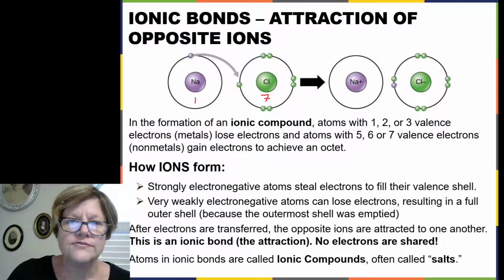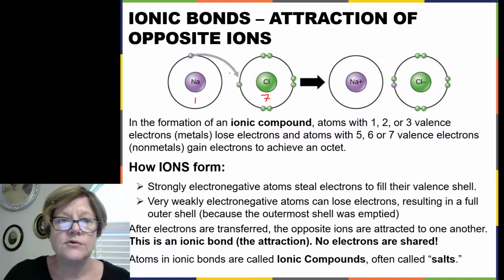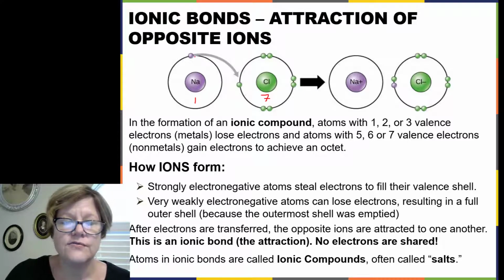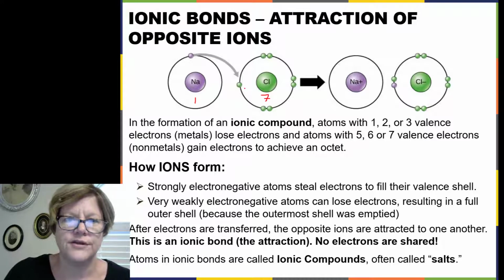So chlorine is very highly electronegative. It really wants to get that one more. It just needs one more. And so it will actually steal it from another atom. It turns out that sodium is very happy to give up its 1 electron. So it's kind of a win-win. The chlorine can steal the electron from the sodium, and you can see it over here. It just completely takes it.